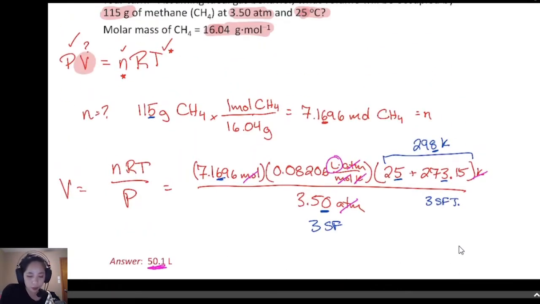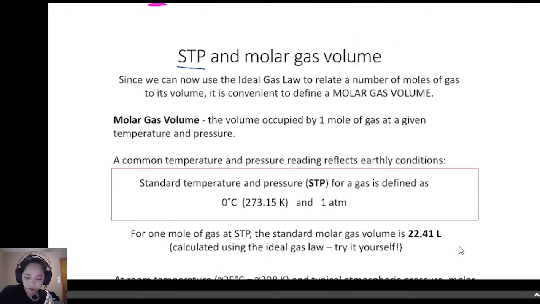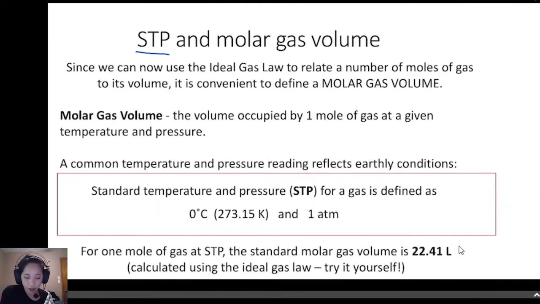So we're essentially relating the n component of the ideal gas law to the V component of the ideal gas law. But in order to make this relationship, we have to know what the pressure and the temperature of the environment is.